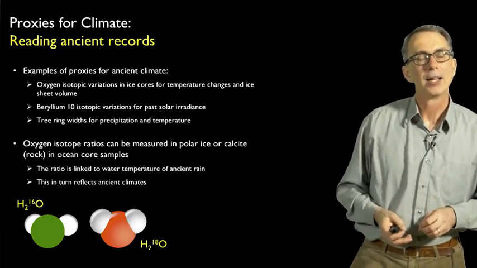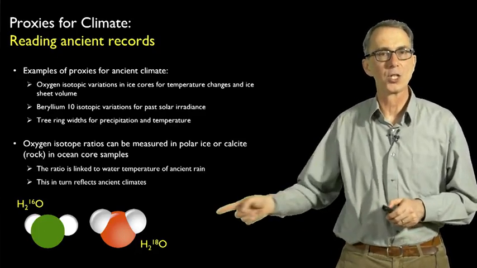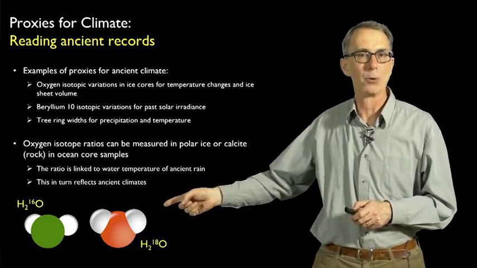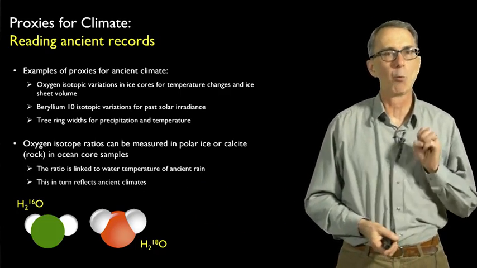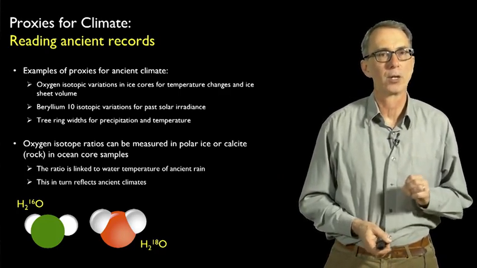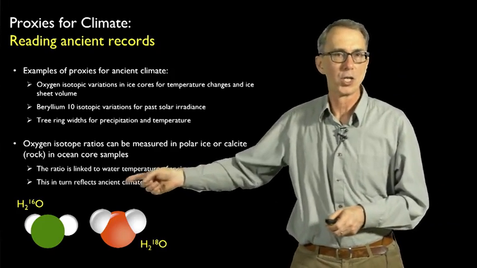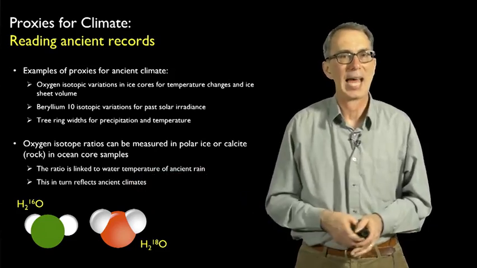What about other variations? Well, it's really interesting that we can use the changes in the isotopic amounts of oxygen in water. And oxygen occurs in two separate forms. Again, stable forms, oxygen 16 and oxygen 18.